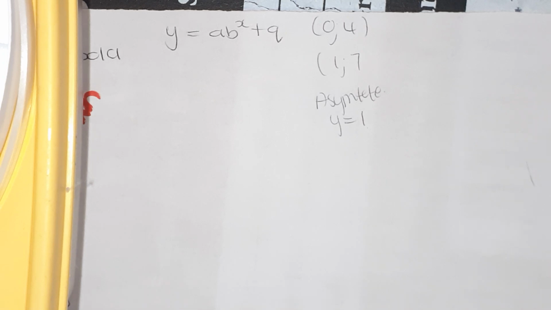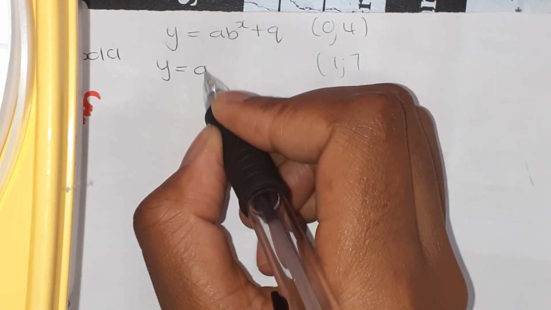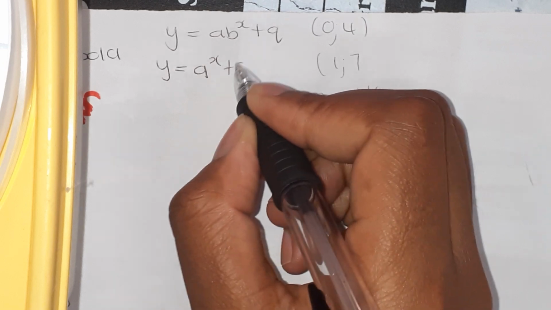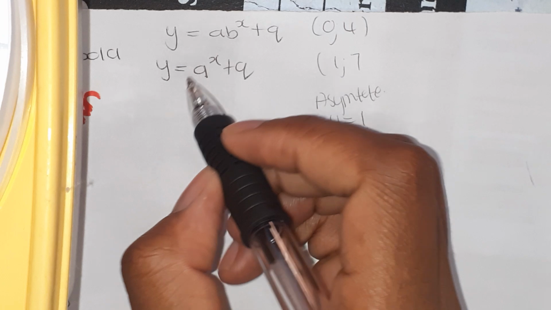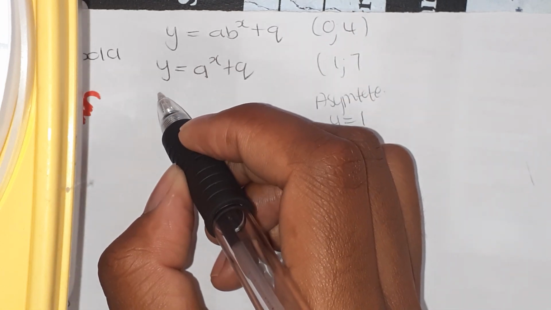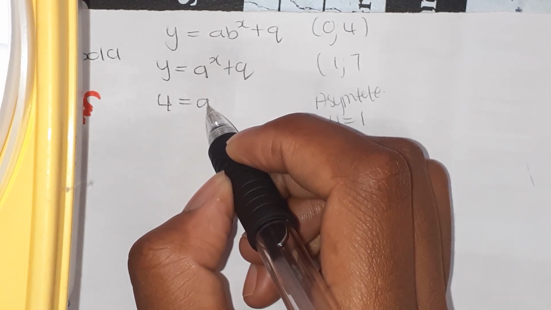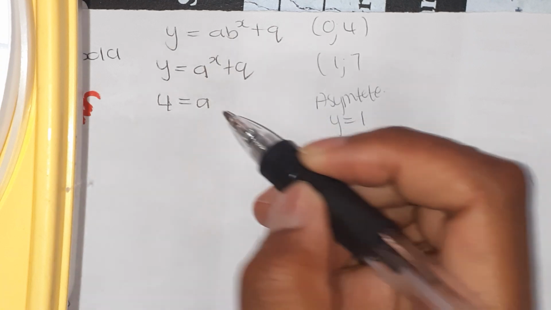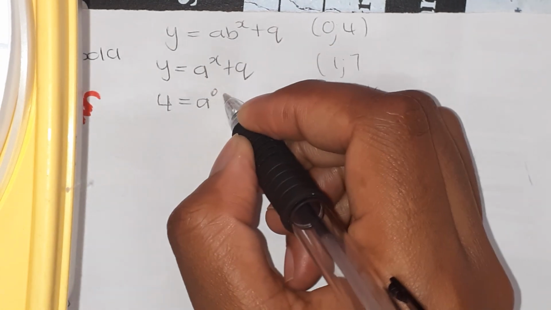So the way we determine the equation of an exponential form is very weird, but that's how it's done. We're just going to say y equals a to the power of x plus q. We just do away with the b. We'll see it again later. So we can substitute any points. For y we'll have 4, and then that is a, and then this will be to the power of 0 plus q.